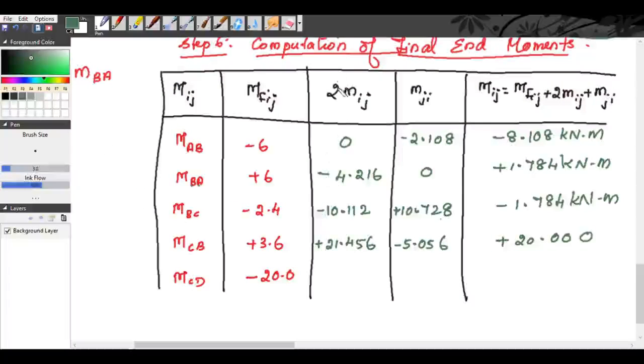So MCD is the fixed end moment alone, and you get minus 20.00 kilonewton meter.